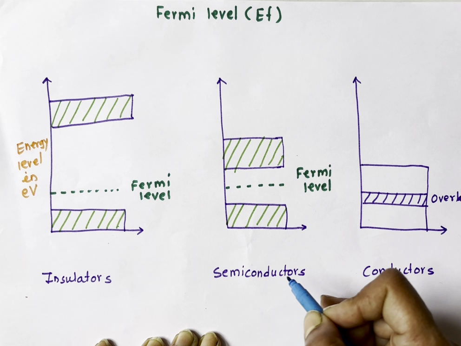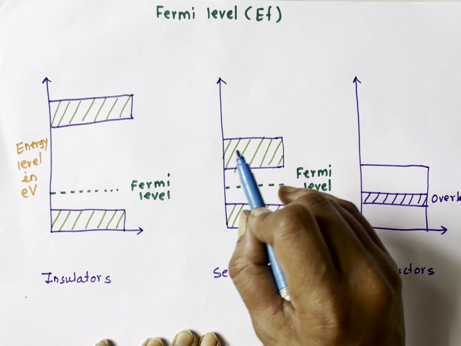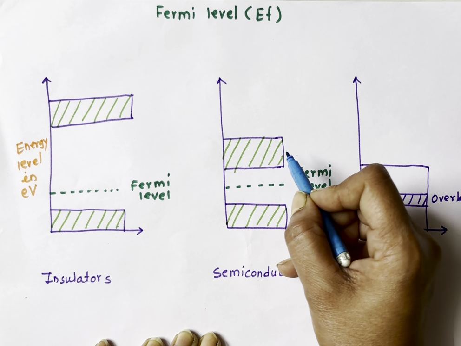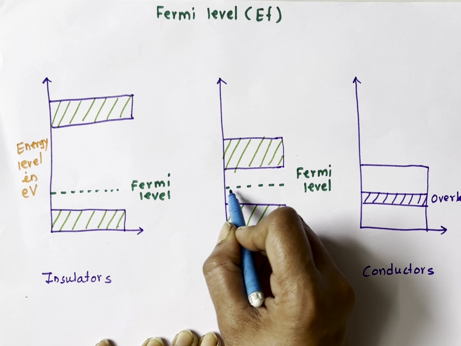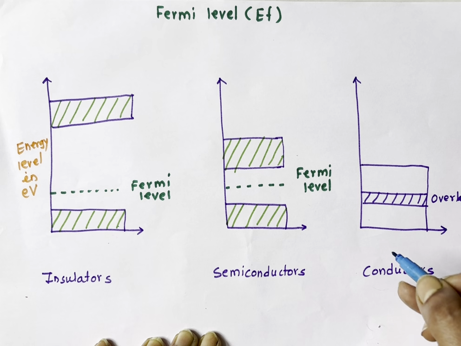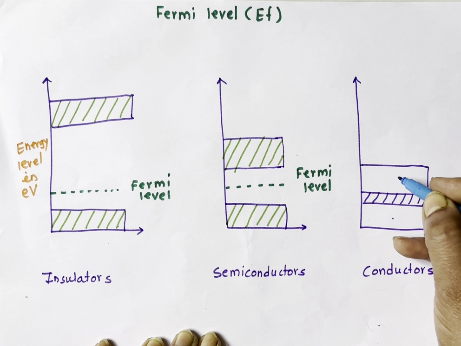Whereas these are the semiconductors. Here this is the conduction band, which can be either empty or partially filled, and this is the valence band, and you can see the Fermi level is at the center. Whereas in the case of conductors, the valence band and the conduction band are overlapped. So this is the boundary of the valence band, this is the boundary of the conduction band.